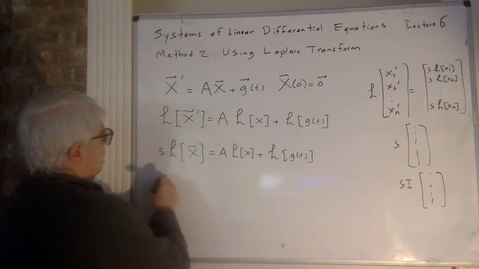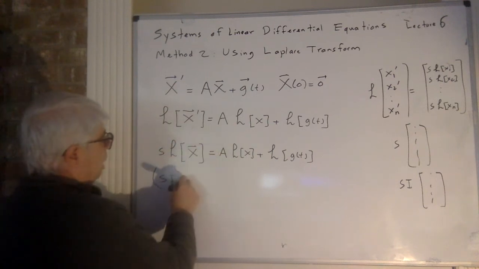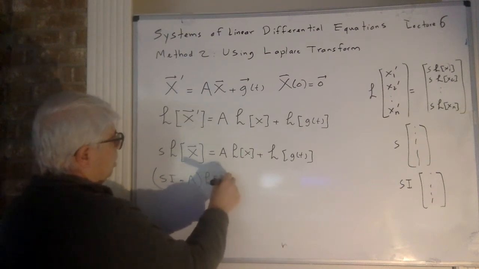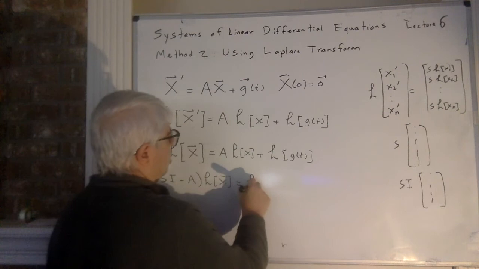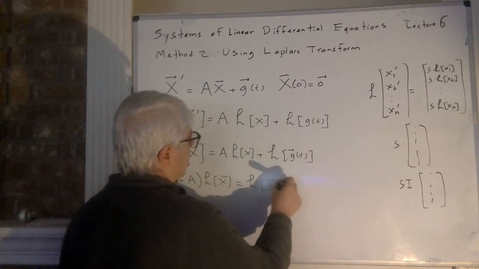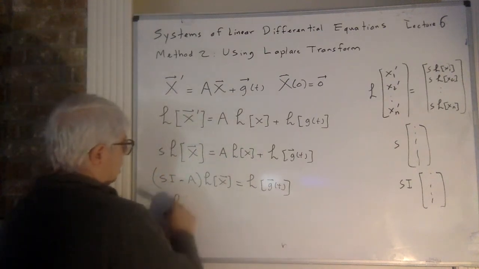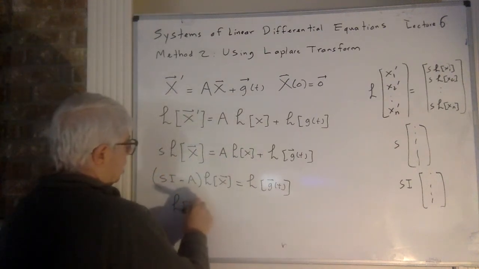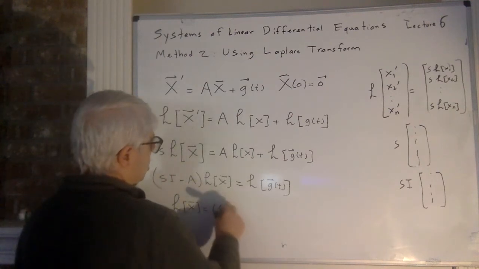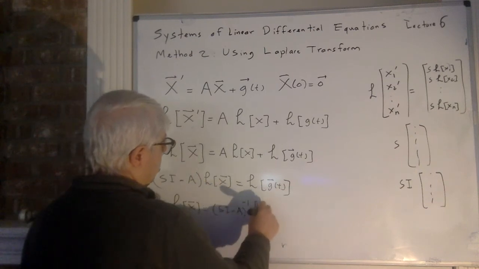So I write sI, then minus A, times the Laplace of x, and this equals the Laplace of g(t). So Lx is the inverse of this, sI minus A inverse, times the Laplace of g(t).